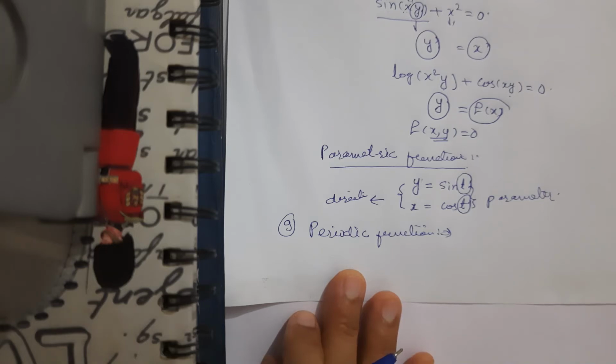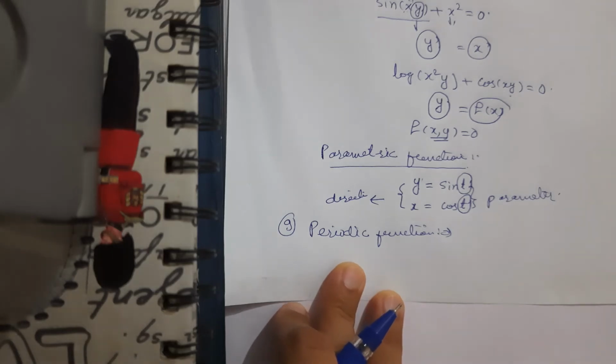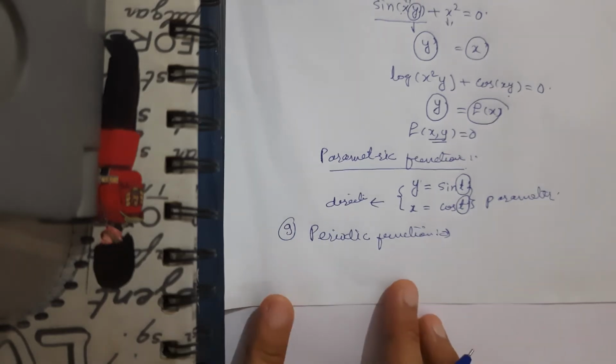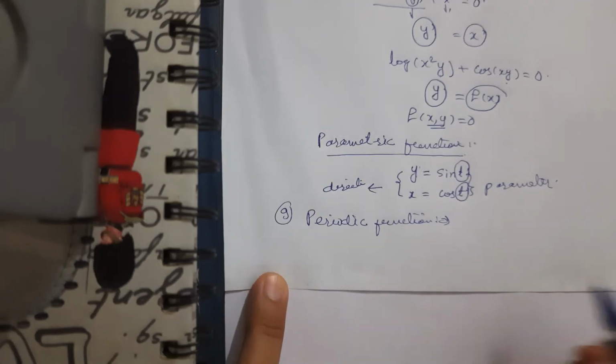Every time at 6 o'clock or 5 o'clock you see the sunrise and you see the sunset in the evening at 7 o'clock or 7:15. So somehow it's repeated, like every year in the specific month the timings are the same. So these kinds of functions are called periodic functions.